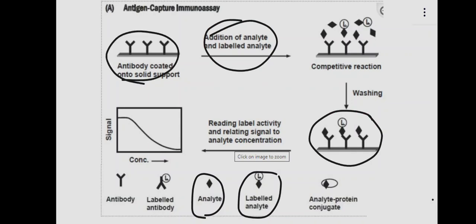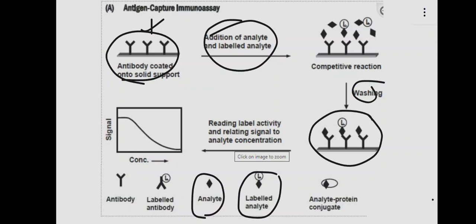The antibodies on the wall of the plate, they will compete for, and they will bind by the same proportions they were in the mixture. So what is being washed off is whatever is not bound to the bound antibodies. Whatever is not fixed is what is going to be washed off in that step.